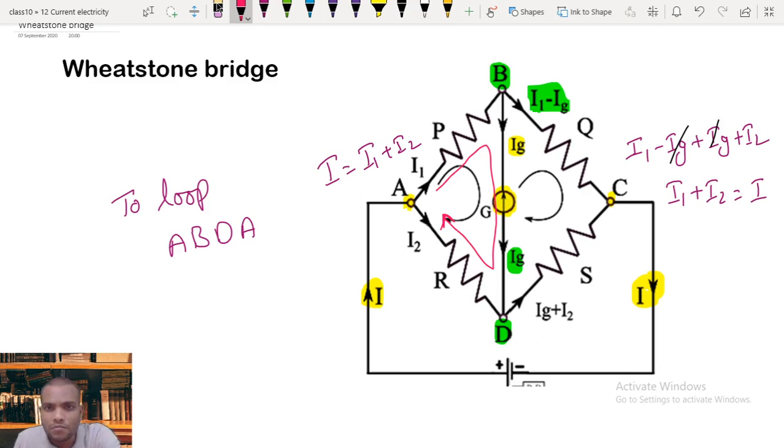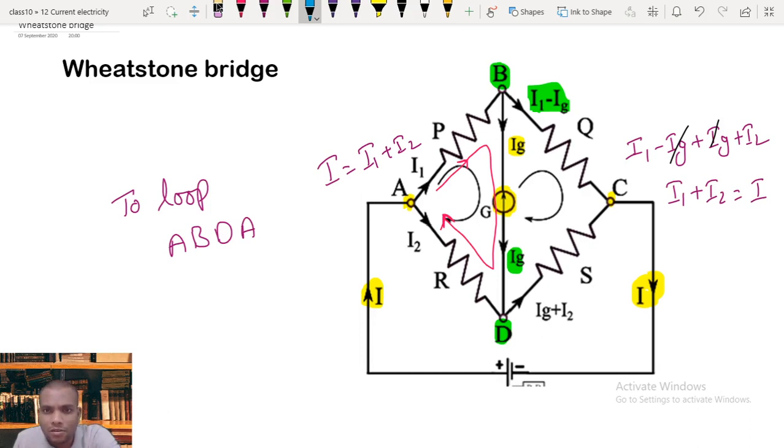If you start from the resistance P, the current in the resistance and my direction are both the same. When the current direction and my direction are the same, we take that as positive.